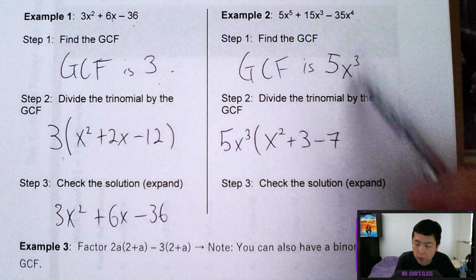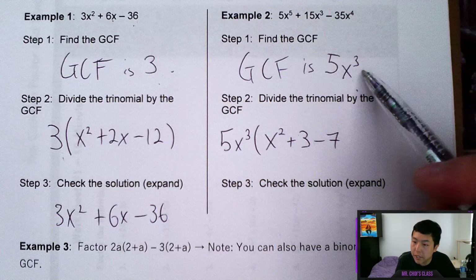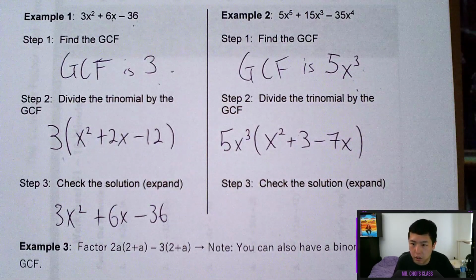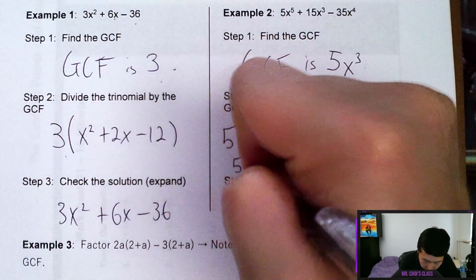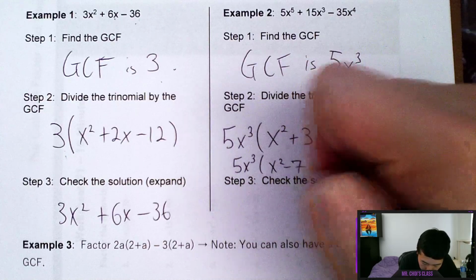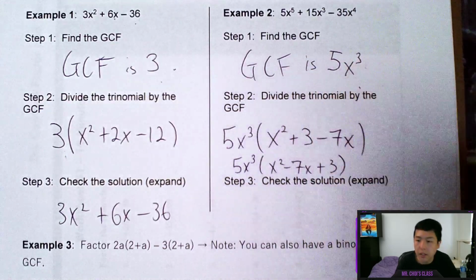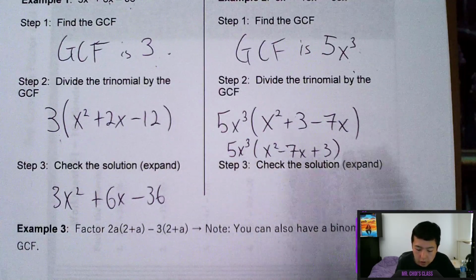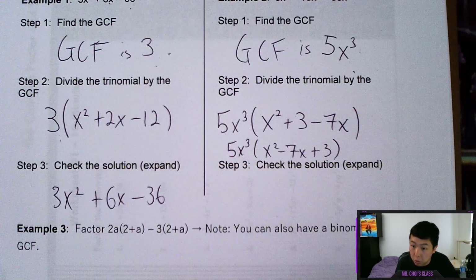And then x to the 4 divided by x to the 3. 4 minus 3 is 1. So it's just x. And there's our answer. If we wanted to reorganize that in order of highest to lowest exponent, it would look something like this. And to check your work, if you multiply it out, you should get the same answer, which we do.